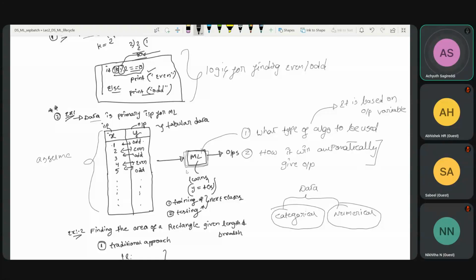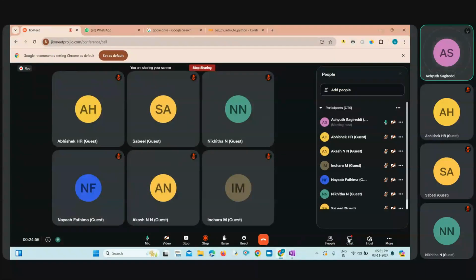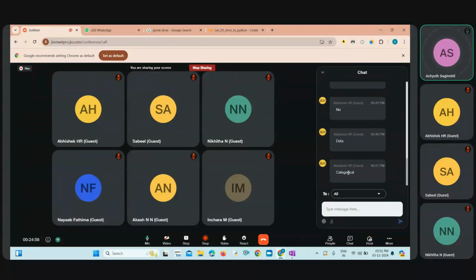So what is the output here? This is the output. Y will take odd value or even value. Is this categorical or numerical? Respond all. Yeah, categorical, right?